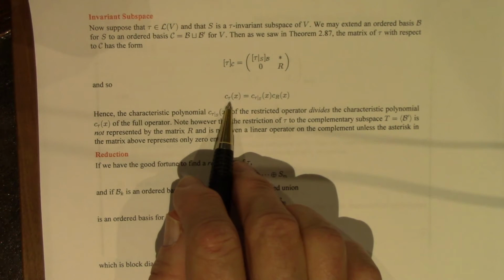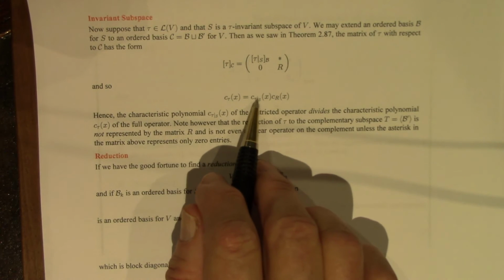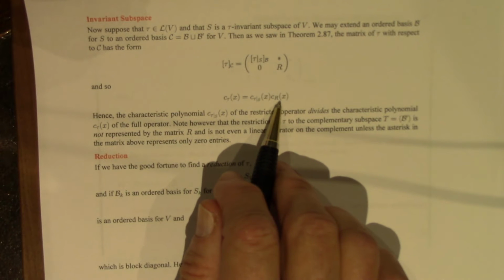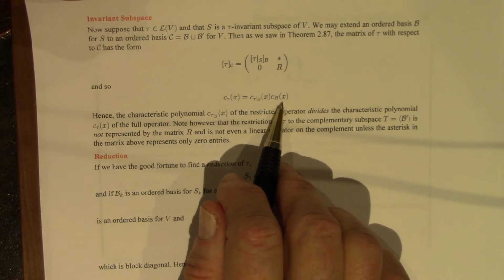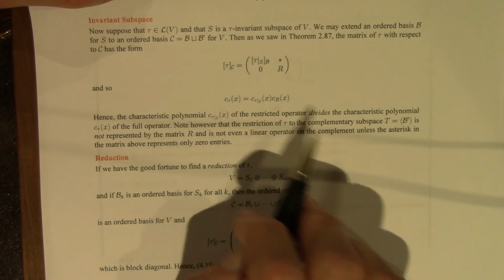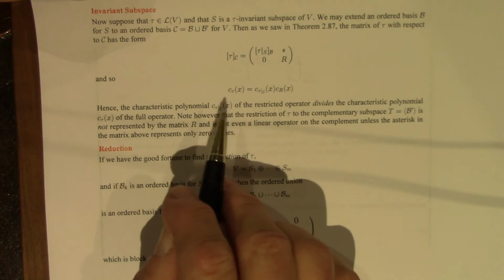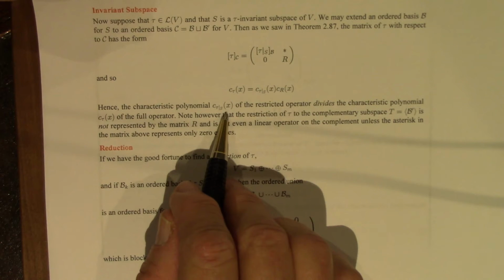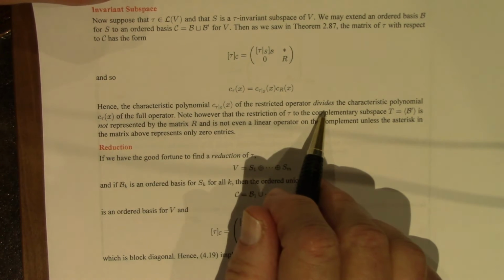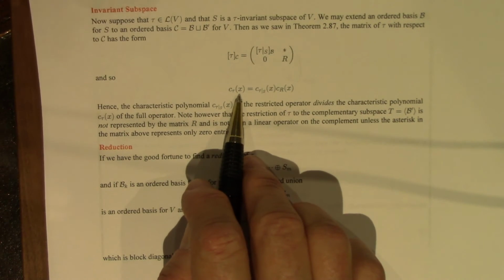So the characteristic polynomial of tau is the characteristic polynomial of tau restricted to the invariant subspace times the characteristic polynomial of the matrix R. We don't know much about R at this point, but what we can say then is that the characteristic polynomial of the restriction of tau to S divides the characteristic polynomial of the unrestricted operator.